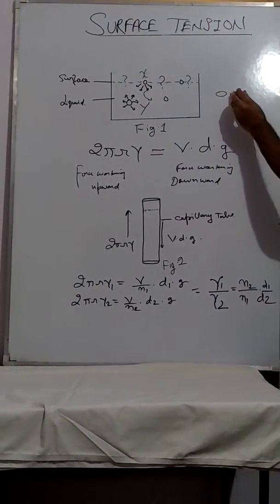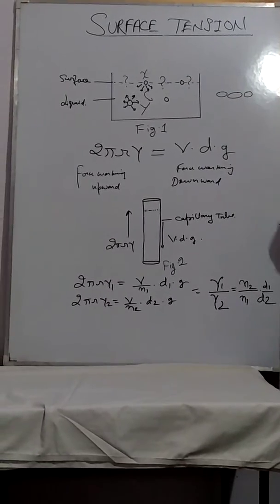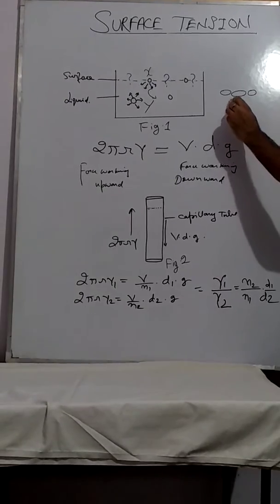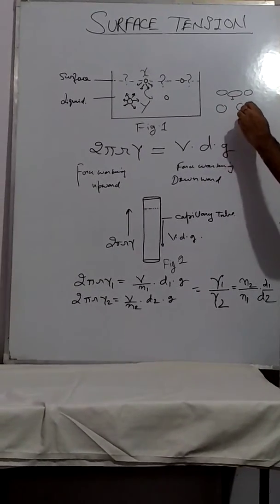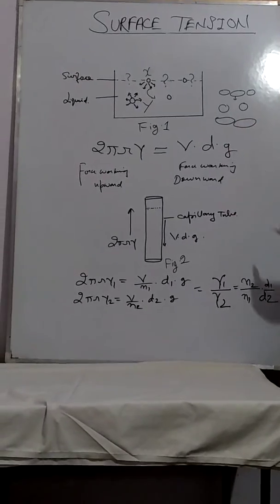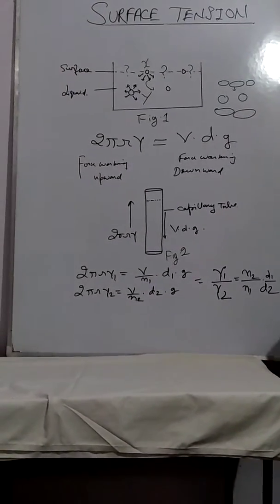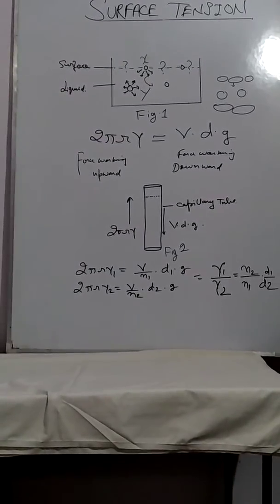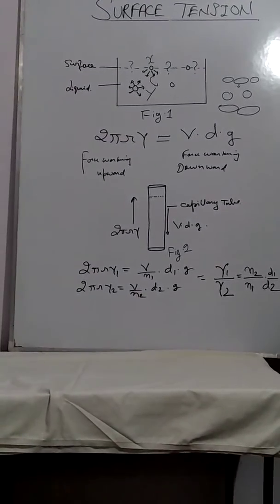Before, they were in this orientation, but after the downward movement there is an empty space here, and to fill this, they stretch this way, thus making the whole surface stretched, or tense. This is the origin of surface tension.